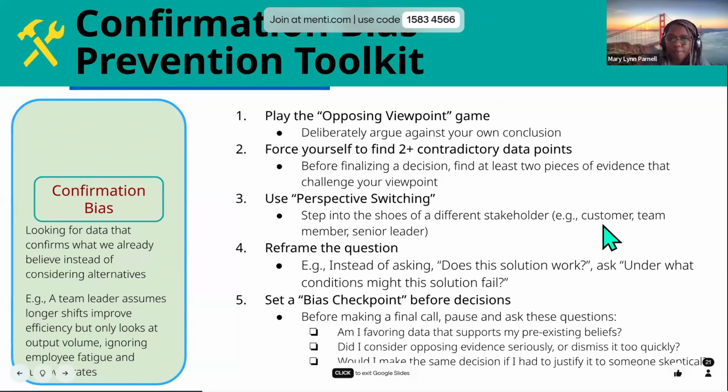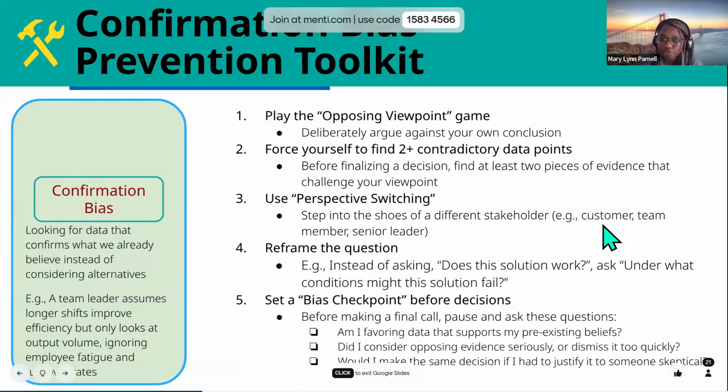And then also reframing the question is a really great tool. Instead of asking, does this solution work? You ask, under what conditions might this solution fail? If all else is equal, but not this, will it fail or will it succeed? And really looking at reframing the question to be able to broaden our perspective.